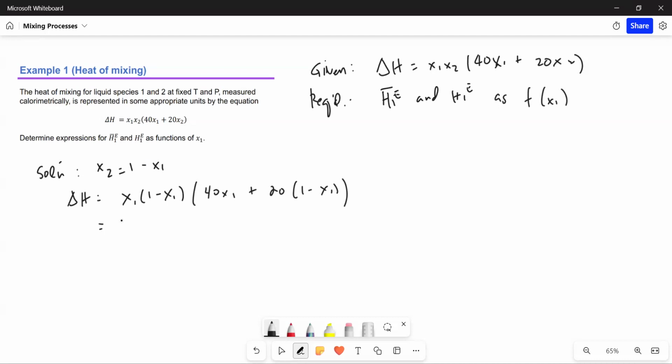I will skip the intermediate part and leave it up to you. Minus 20 x sub 1 squared, minus 40 x sub 1 cubed, minus 20 x sub 1 squared, plus 20 x sub 1 cubed.